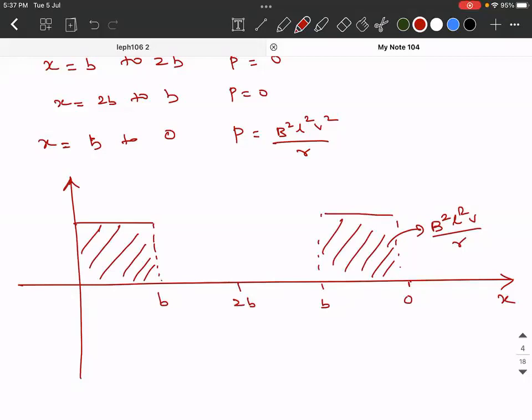Am I clear? Is it clear? So this problem, mark it, as I told you, mark it as important.